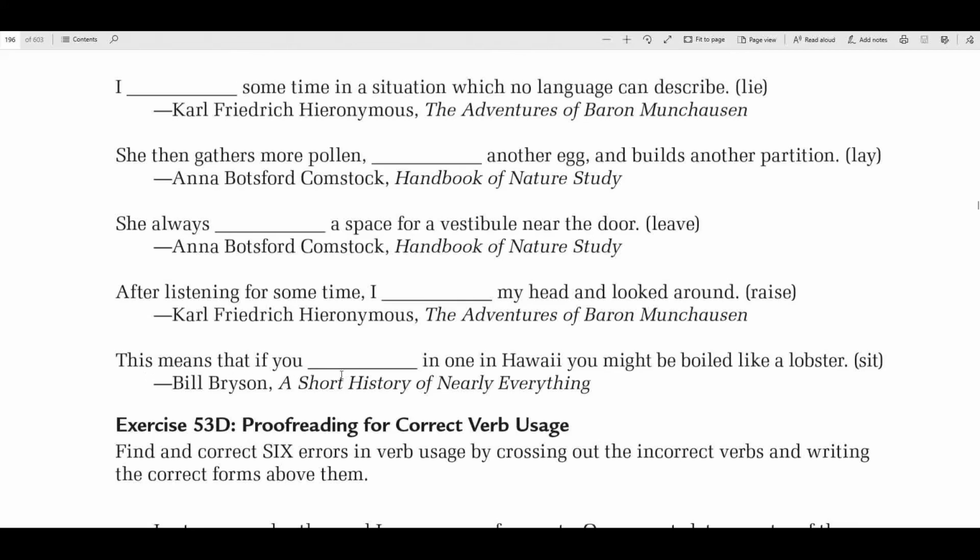This means that if you blank in Hawaii, you might be boiled like a lobster. So this means that if you sat or sit, either one. It doesn't really let us know if it's past tense or present tense, so either one of those would be correct.